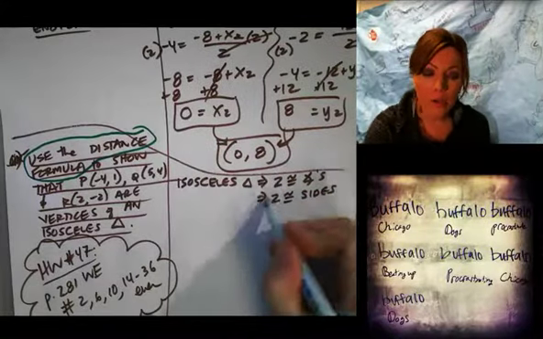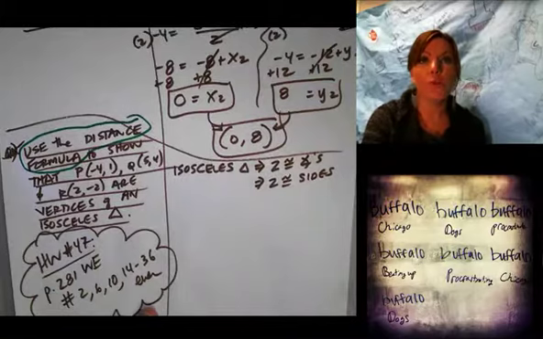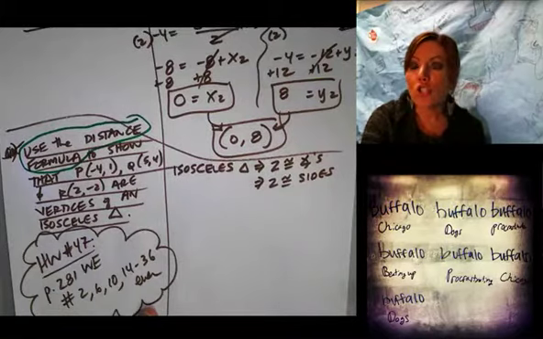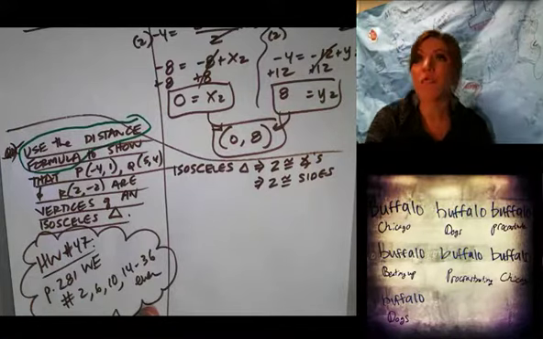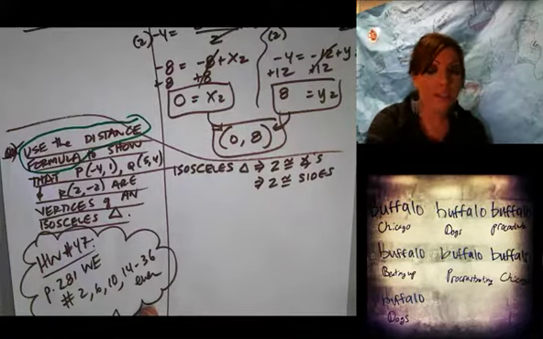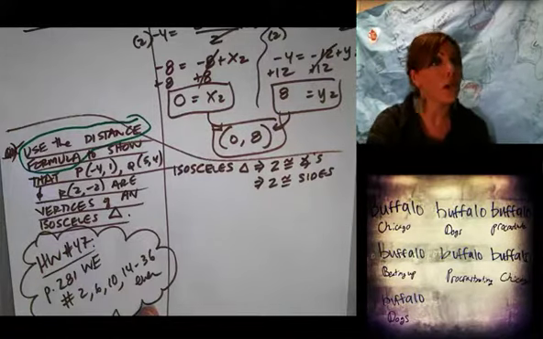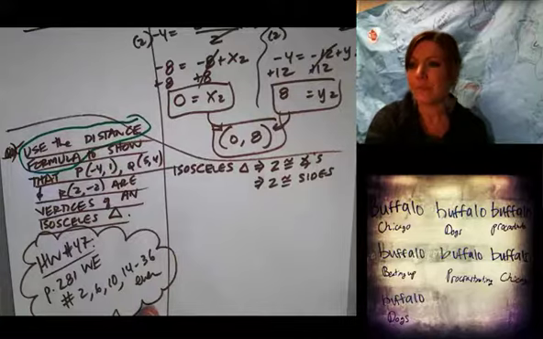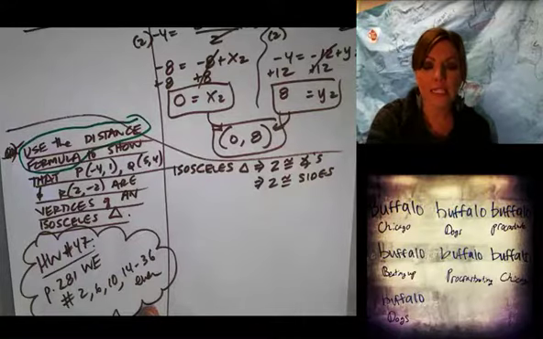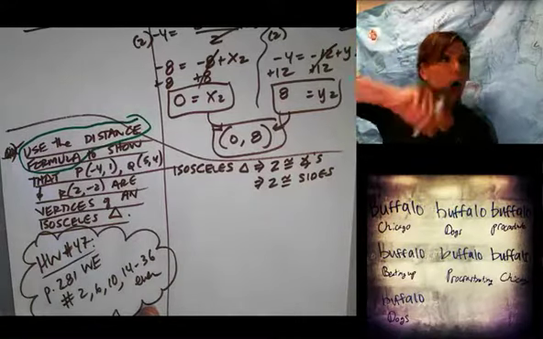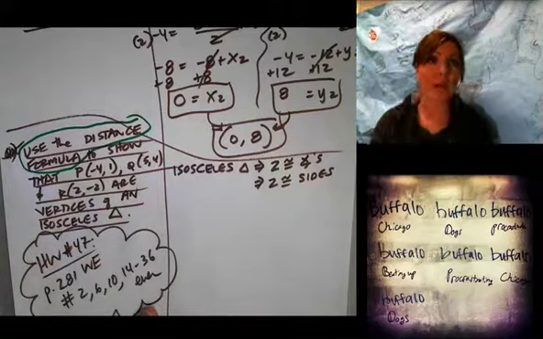Okay, now, how can we use the 3 vertices that were given in conjunction with the distance formula to verify that this is an isosceles triangle? Any ideas? Well, if we want to find the distance between each of the points, that would give us the length of each side, right?